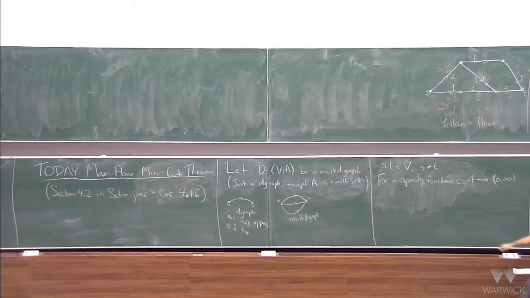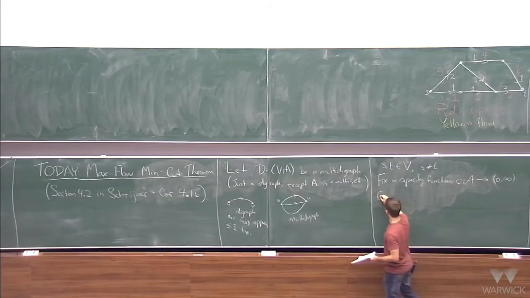So each arc in the digraph has a certain capacity. If you think of your digraph as a system of roads, then the capacity is like the maximum possible number of cars that can travel along this road in one hour. Or if it's a system of pipes, it's the maximum amount of water or oil or whatever you can push through that pipe in an hour. It's the maximum possible.